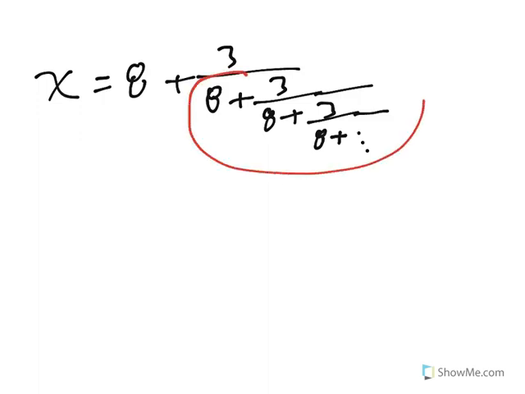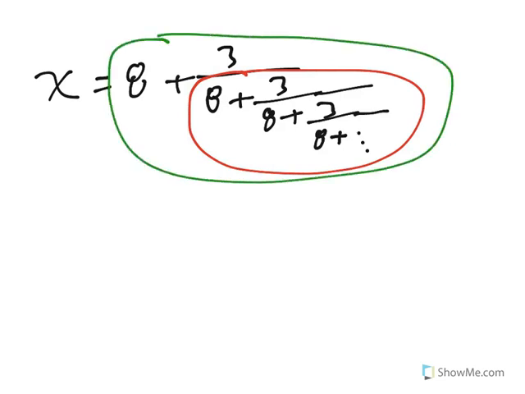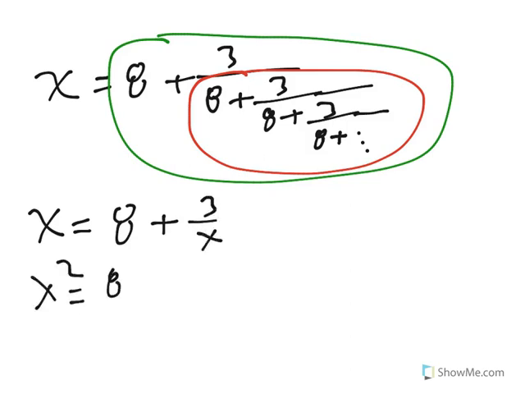Okay, we can see here this denominator is equivalent to the entire x expression. It seems weird because it seems like it has a couple of fewer numbers in it, since one is a subset of the other, but with infinities, it doesn't work that way. x squared equals 8x plus 3. x squared minus 8x minus 3 equals 0.